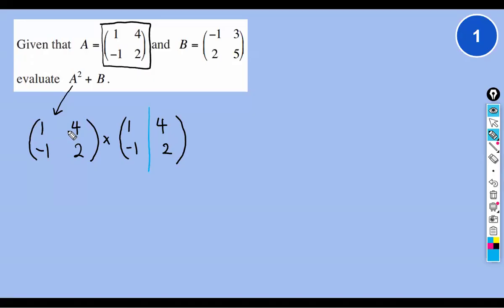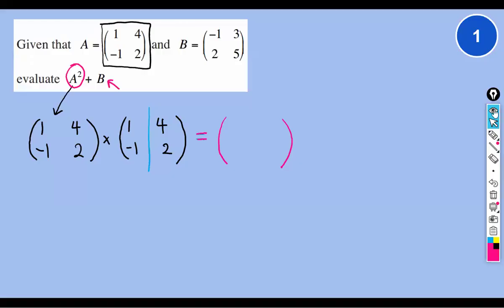So I will just be pushing you in the correct direction, and I will be revealing the answer in a little while. But that's only the A squared part. Once you get the A squared part, add it to which matrix? B. I hope that helps out a little bit.